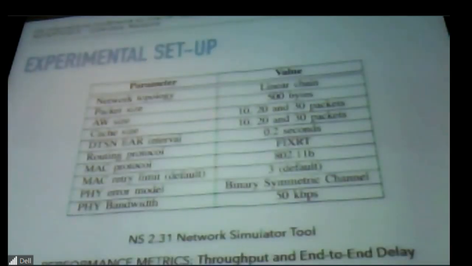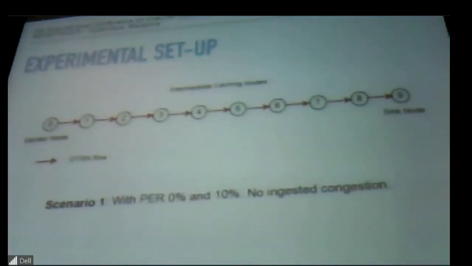For the experimental setup, we vary the AW sizes to 10, 20, and 30 packets, as well as the cache size. For the performance metrics based on RFC 5166, throughput and end-to-end delay are two of the best metrics that we can use once we design or test a congestion control algorithm. We use a linear topology to test the congestion control.